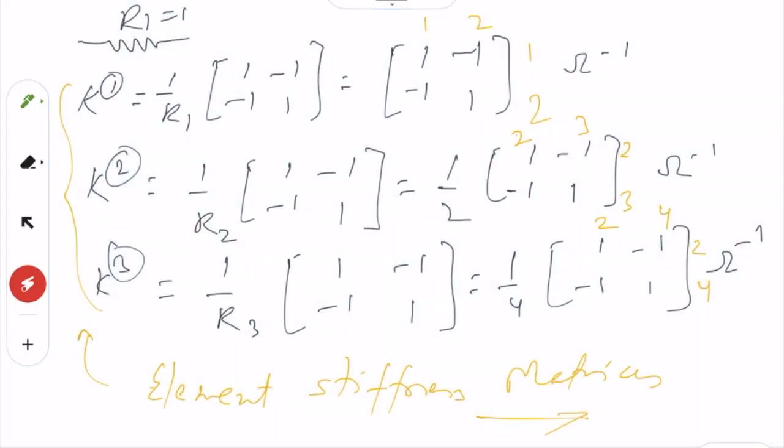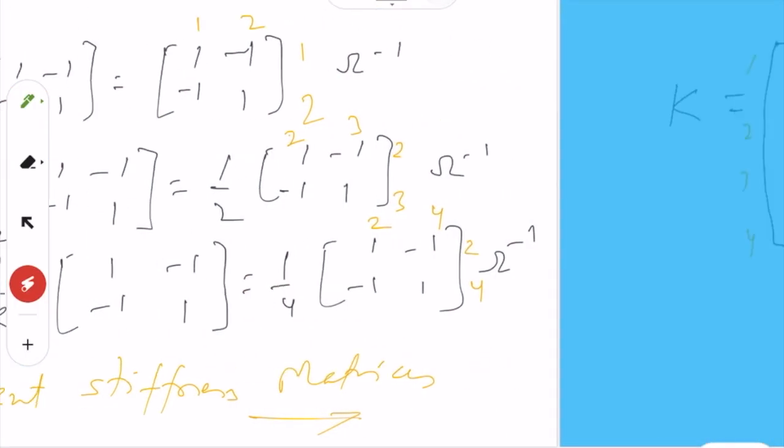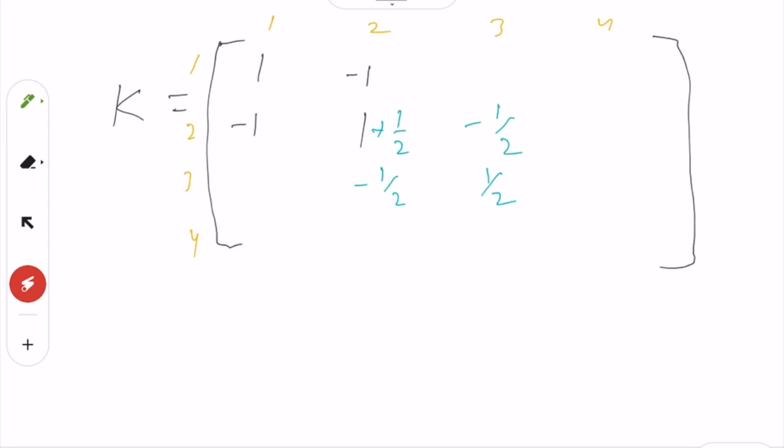Remember we have 1/4 to write. So it will be plus 1/4, minus 1/4, minus 1/4, plus 1/4. This is what our stiffness matrix is.